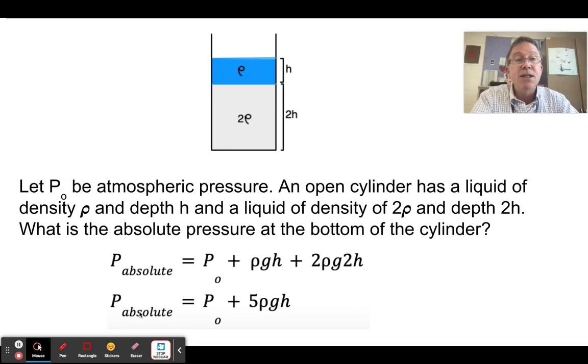Absolute pressure is equal to the atmospheric pressure plus the gauge pressure. The gauge pressure in this case is hydrostatic pressure. So it's equal to P naught, that's the atmosphere, plus rho gh plus 2 rho g 2h. So rho gh plus 2 rho g 2h, that's equal to 5 rho gh.